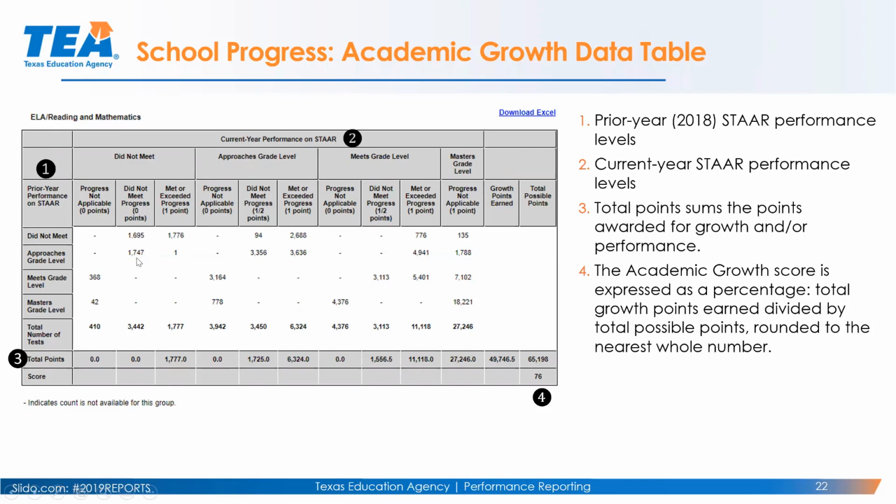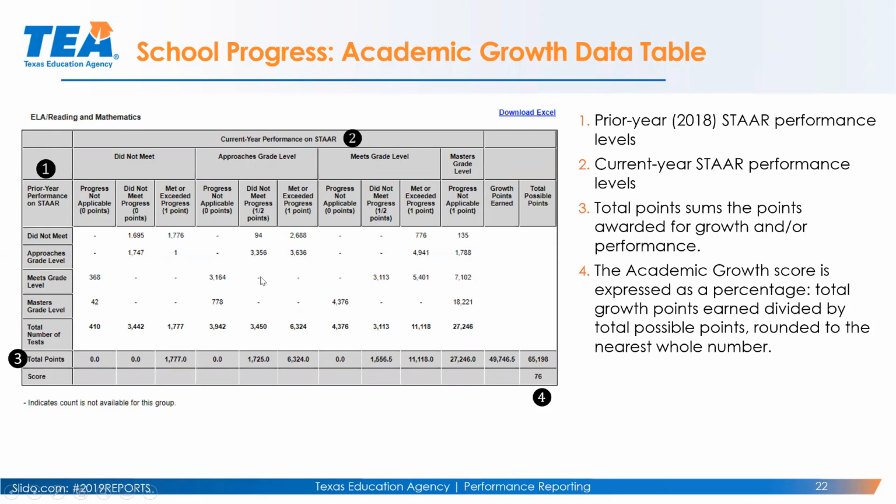So from there, for that particular scenario, from approaches to did not meet, I had 1,747. I also had 1,695 that went from did not meet last year to did not meet this year. That is totaled to be my total number of tests that were awarded 0 points.